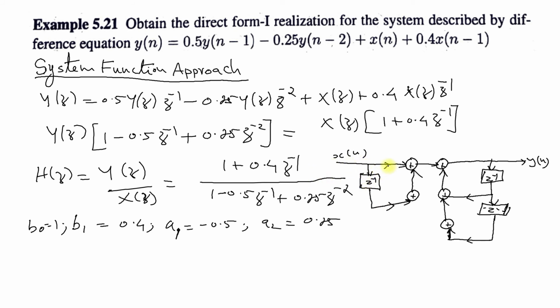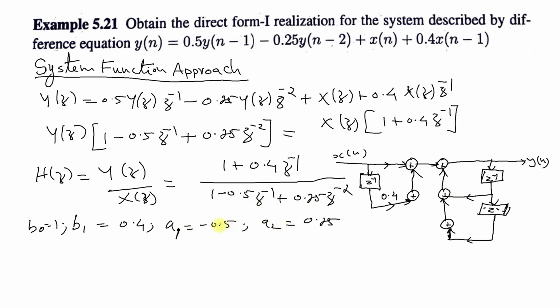Here we know that b naught equal to 1, so it is not necessary to put it here. Then we have b1 equal to 0.4. Now when we come to the output side, the negative values are to be substituted.